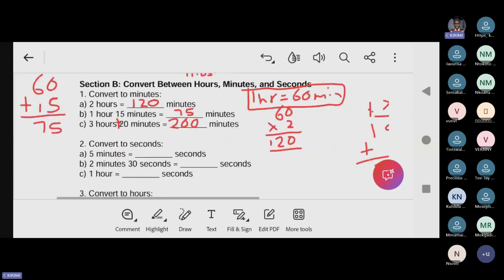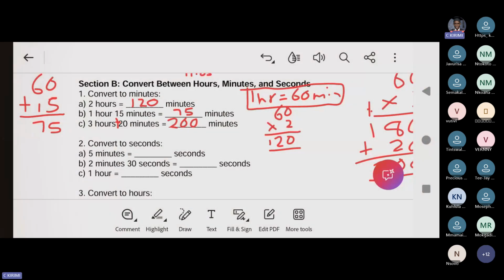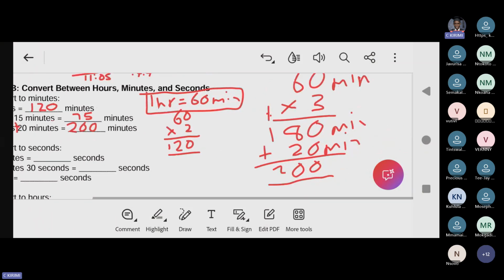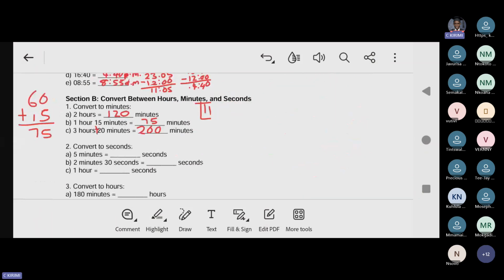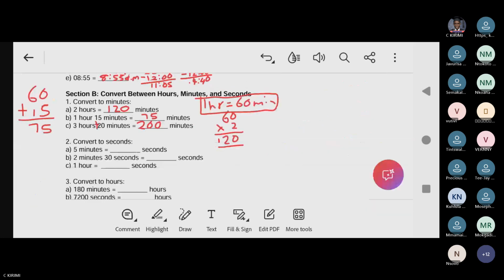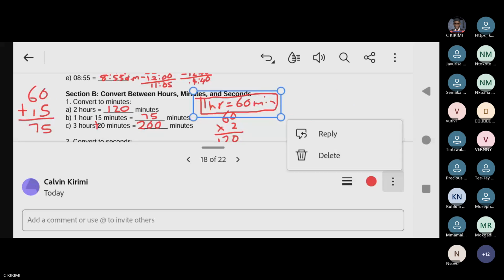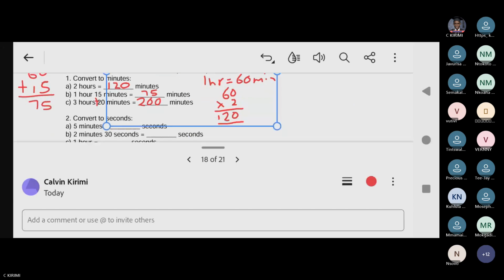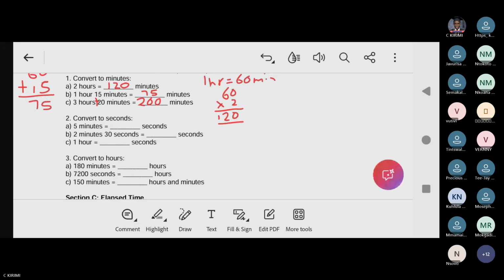Then for number 2, it's saying convert to seconds. So you need to know the conversion of seconds. For example, we are saying we want to convert 5 minutes to seconds.